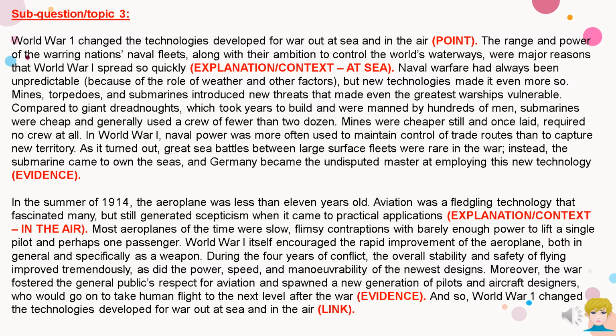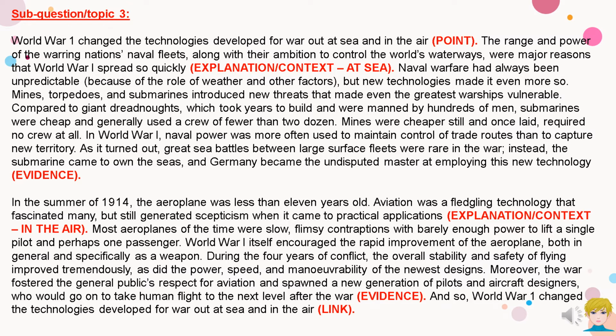Compared to giant dreadnoughts, which took years to build and were manned by hundreds of men, submarines were cheap and generally used a crew of fewer than 2 dozen. Mines were cheaper still, and once laid, required no crew at all. In World War I, naval power was more often used to maintain control of trade routes than to capture new territory.